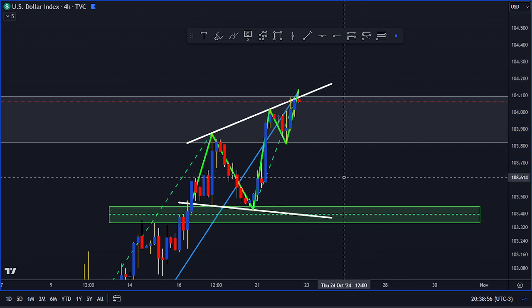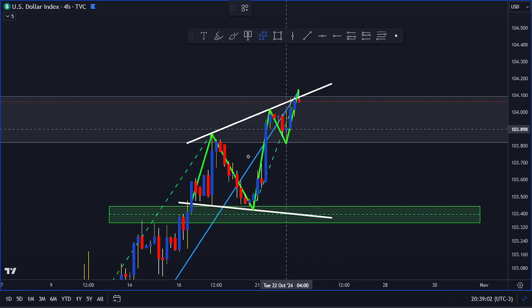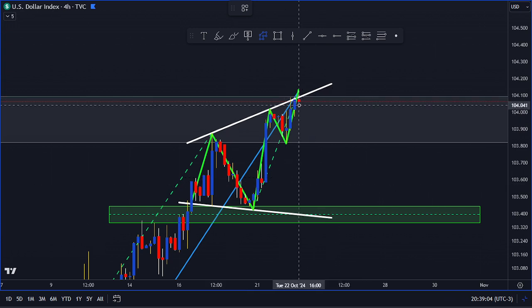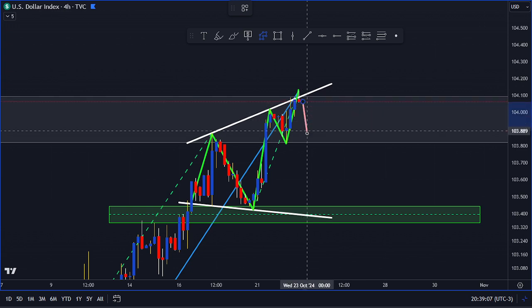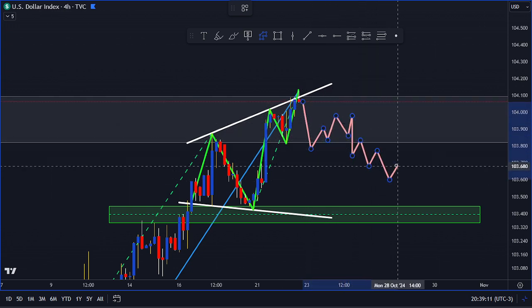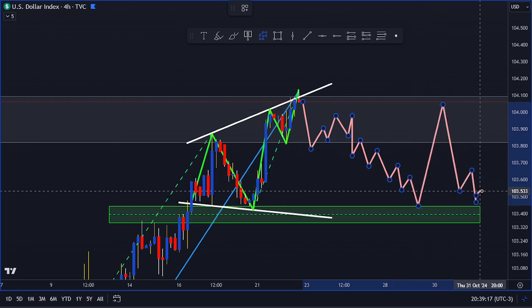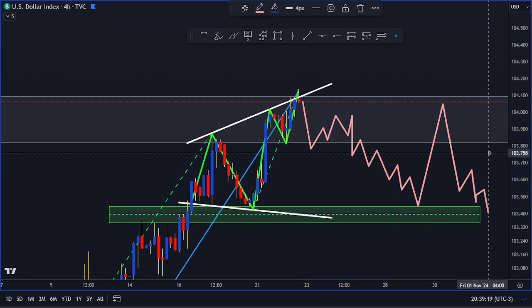So this chaos pattern, we are also going to see it on the AUD USD. The market made the higher highs, and before you know it, it's going to start making a lower low. It can even go all the way up back and start coming down again.